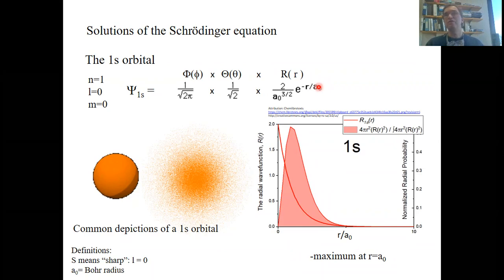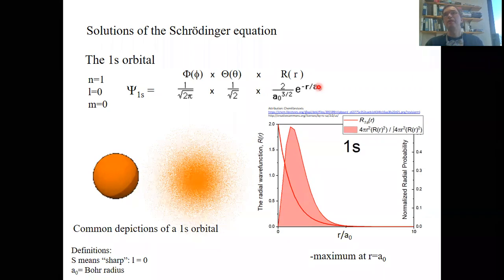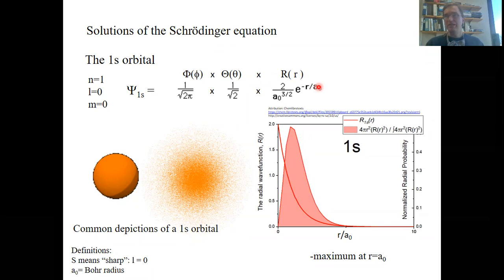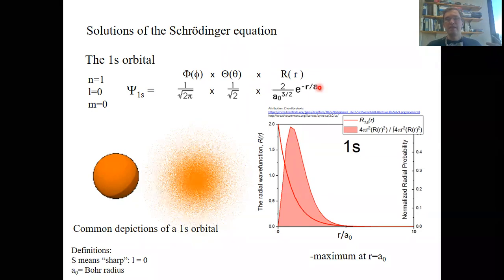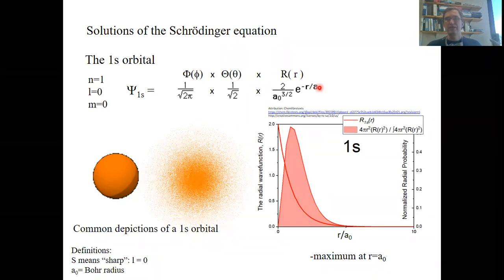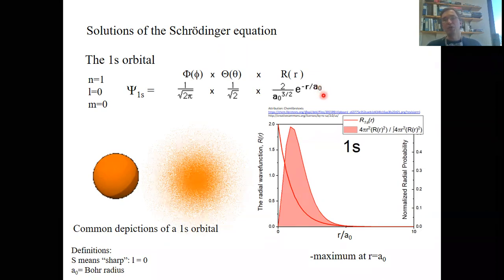That's the radius of the orbit of the electron when the electron is in the first orbit. After all, that's just a unit, but it's useful to give the radius in these units because it relates to something familiar, which is the Bohr radius in the classical Bohr atom.